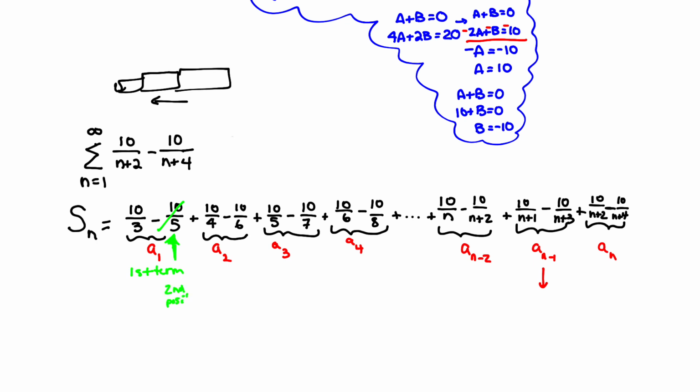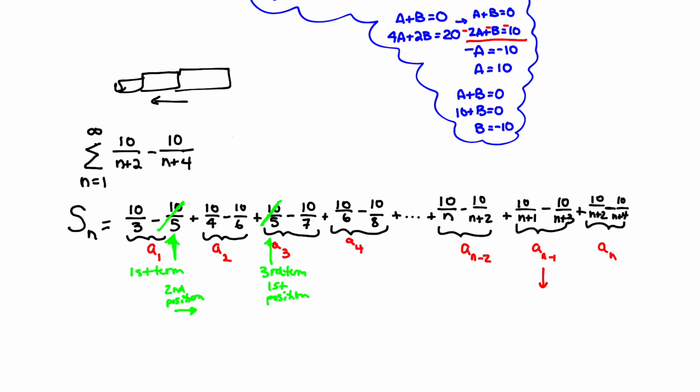He's in the second position in my first term, and he cancels over here with the third term, first position. So it looks like the second position cancels, skip a term and go over one.